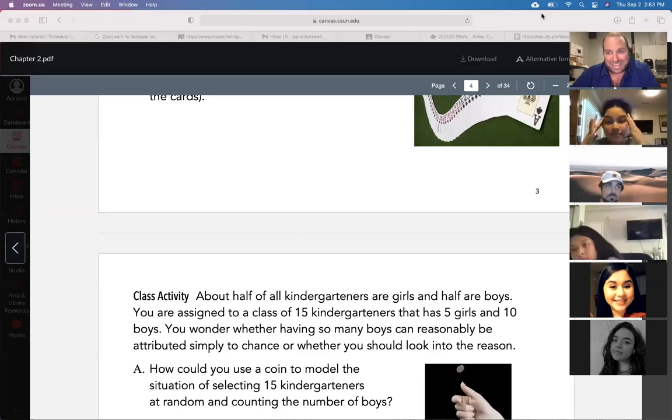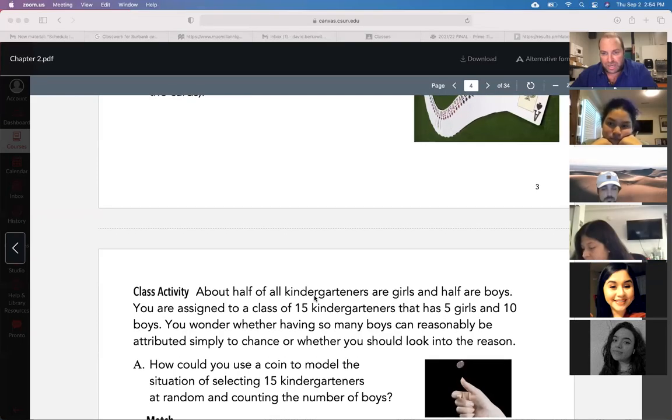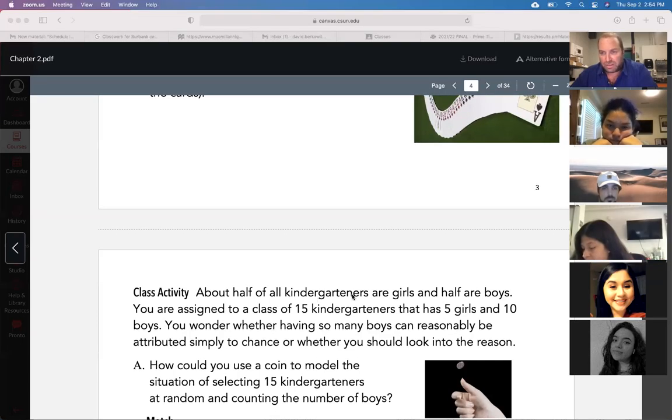So if I got 10 heads in a row, what might I start suspecting? Yeah, I might start suspecting that maybe the coin wasn't fair to begin with. Maybe my belief as to the likelihood of each possible outcome was wrong. So in this example, I have a belief that there's a 50-50 chance of whether a child is a boy or a girl.